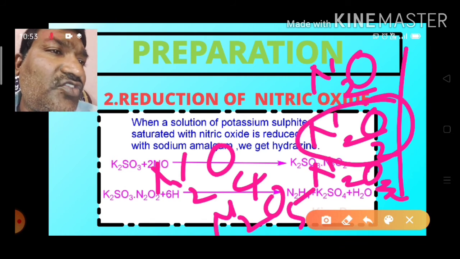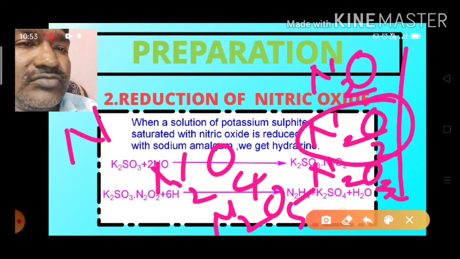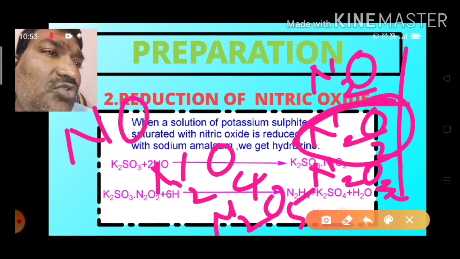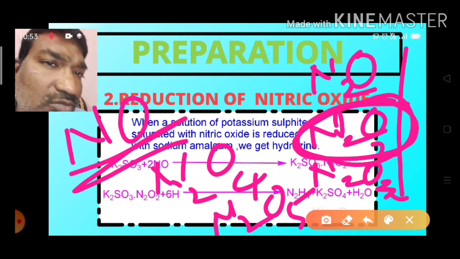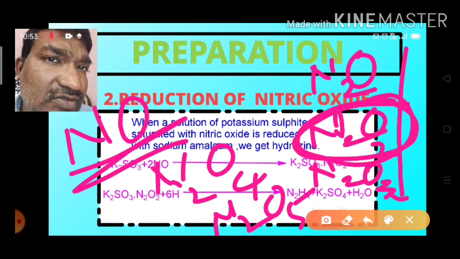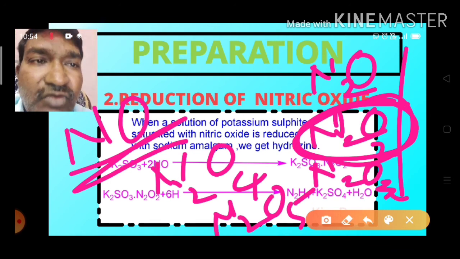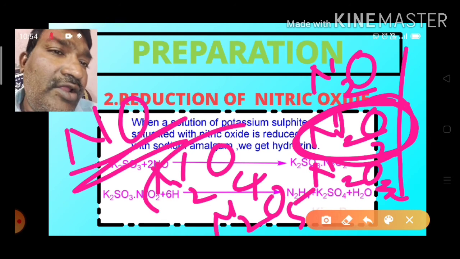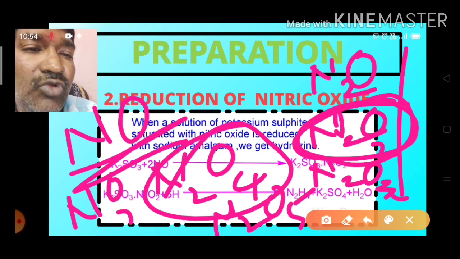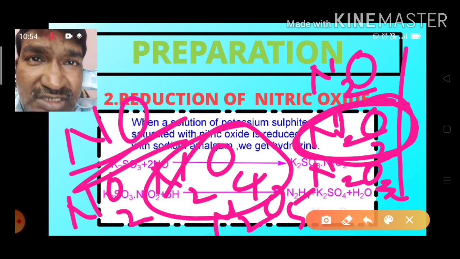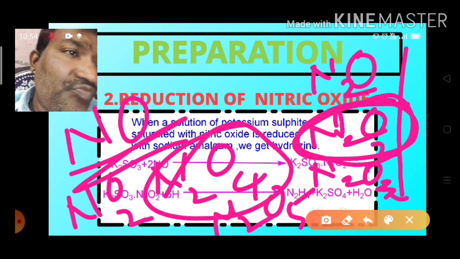The simple ratio of N2O2 is NO. So N2O2 is the dimer and the monomer is NO. In most cases we use the formula NO only. And N2O4 is the dimer and NO2 is the monomer. Like CO2, NO2 is known as nitrogen dioxide.